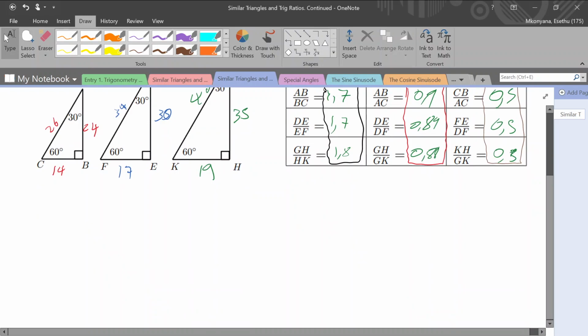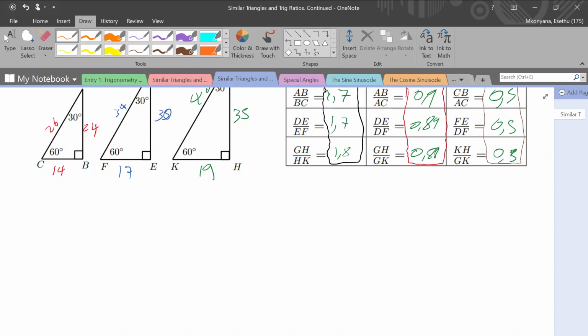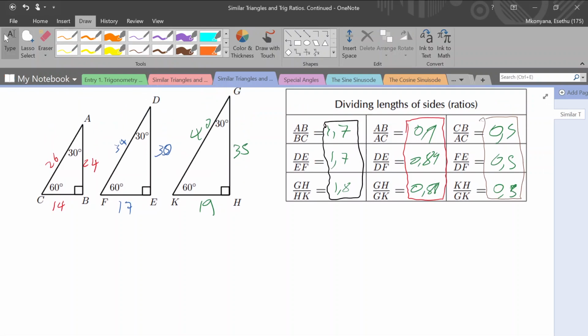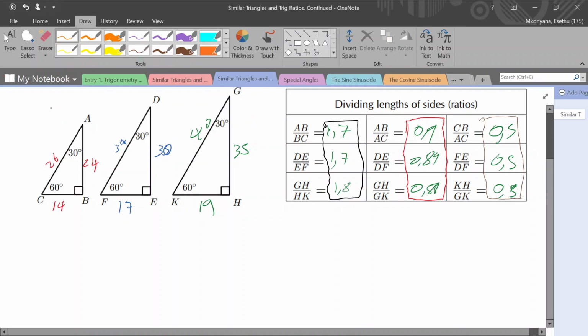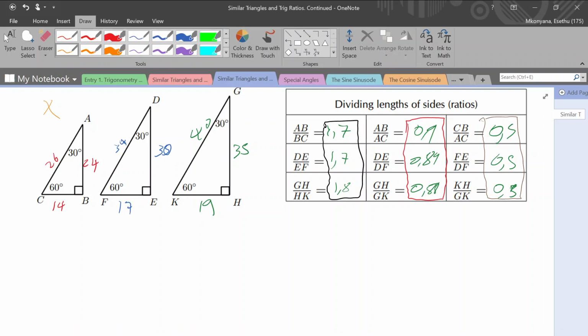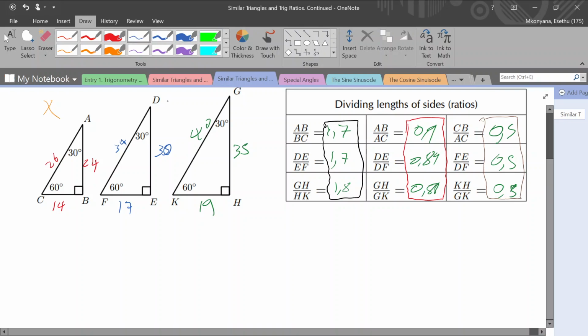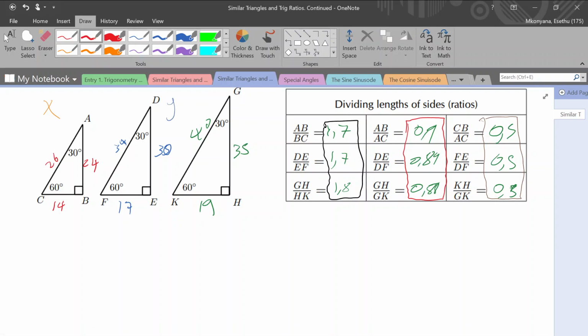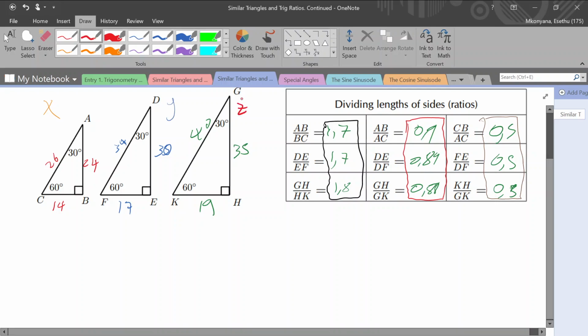So in a sense, now that we understand this concept, there is something very nice that you see here. I'm going to call this x, and I'm going to call the next triangle y, and I'm going to call the last triangle z.